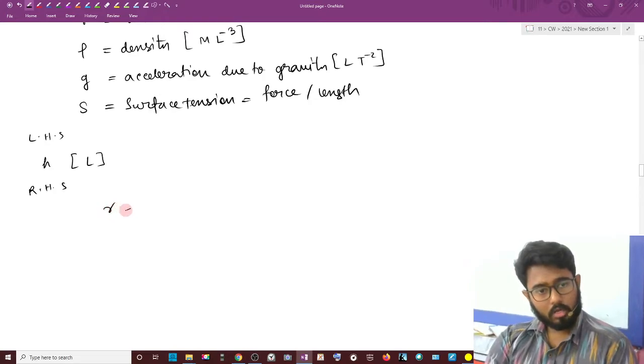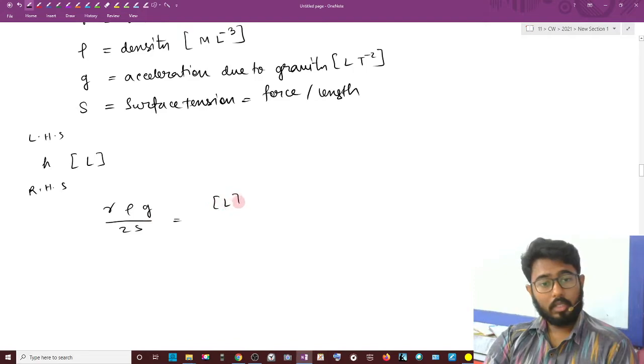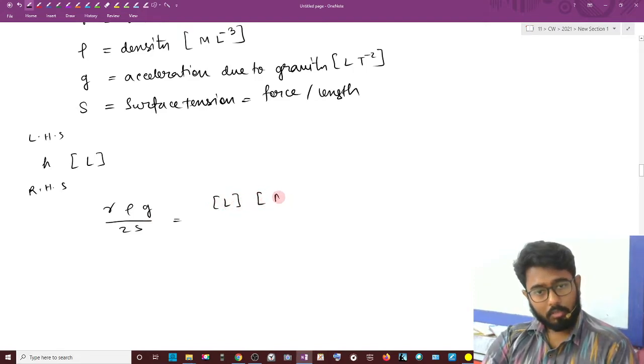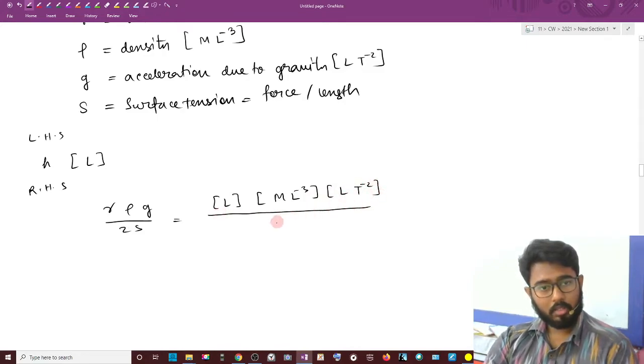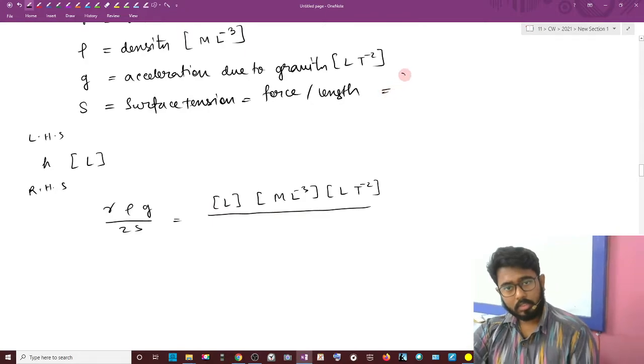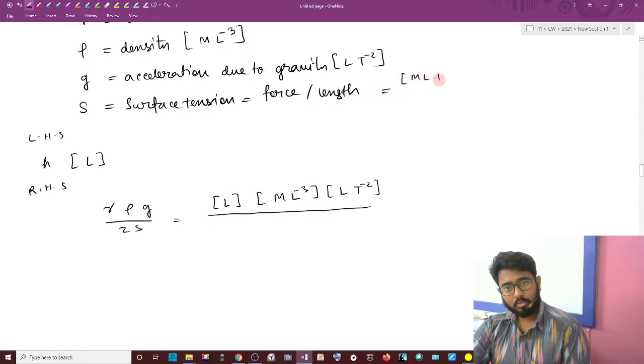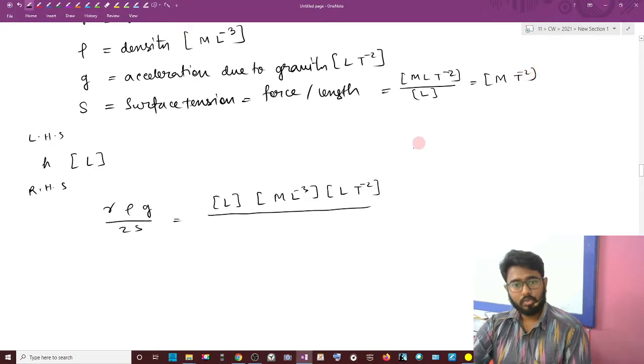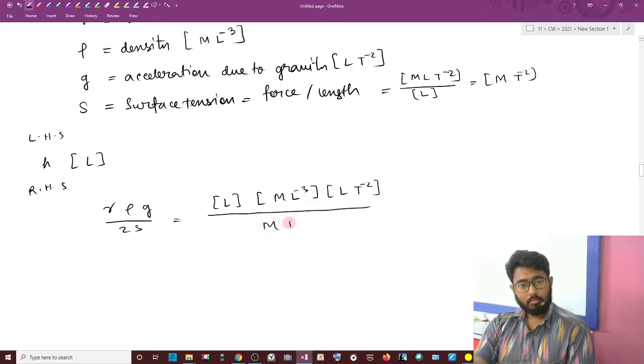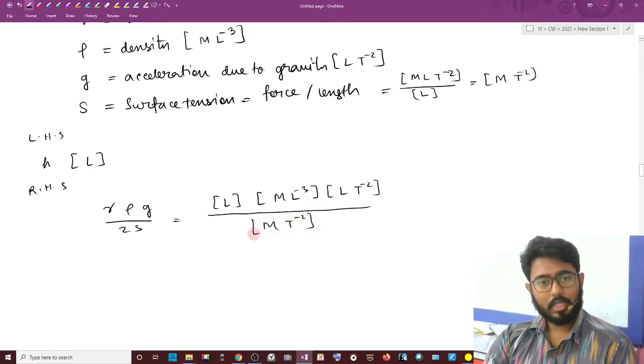So R rho G by 2s, okay, that is L m l to the power minus 3 l t to the power minus 2 by force per unit length, this is m l t to the power minus 2 divided by L, so that will be m t to the power minus 2. Okay, let us calculate it.